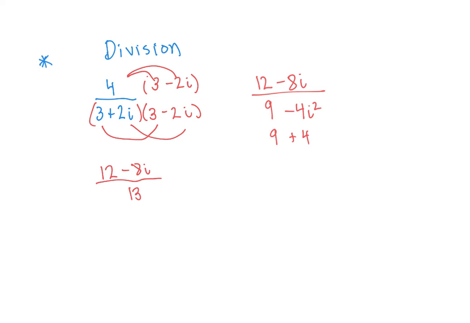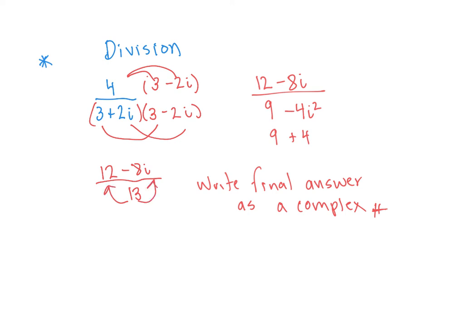Now, there's one last little thing you need to do here. This is kind of the special thing. You want to write your final answer as a complex number. So that means that we need to take this 13 and divide it into the real part and the imaginary part.